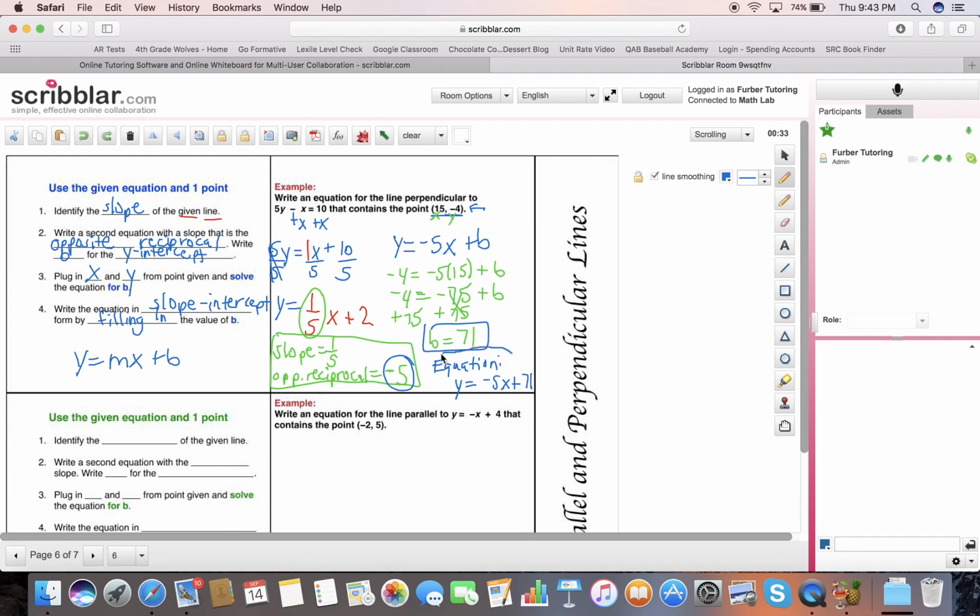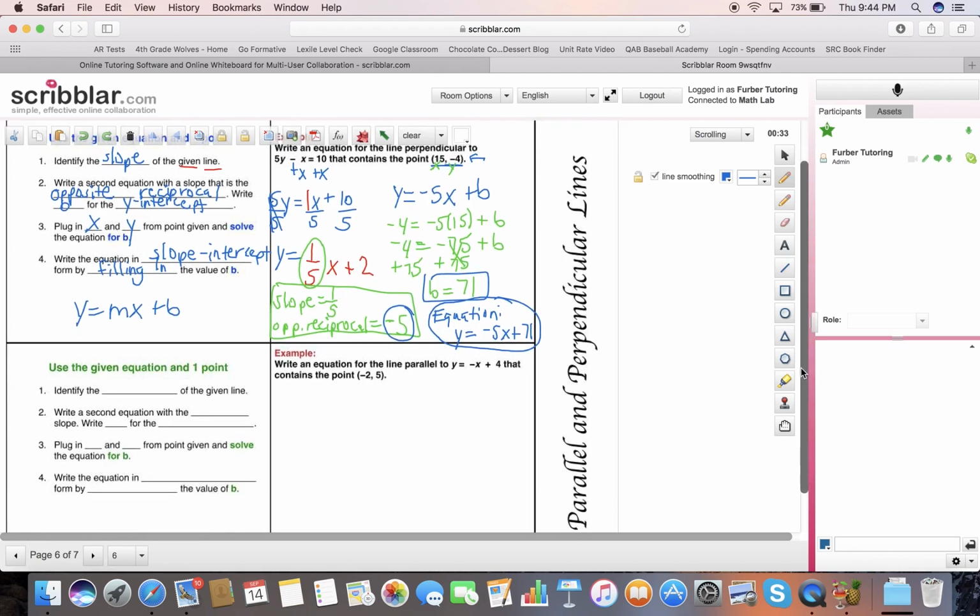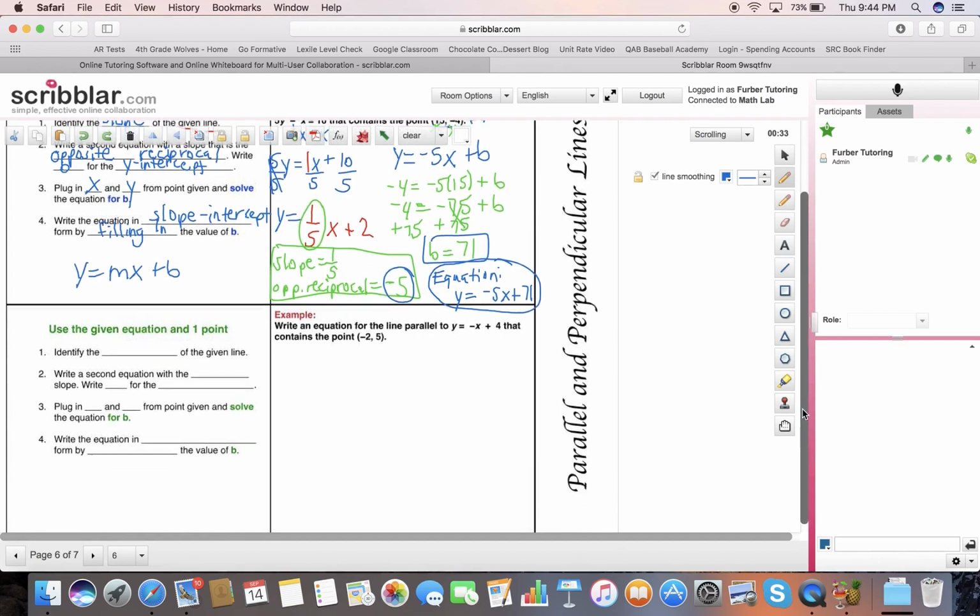I have negative 5 for the slope, because remember it's the opposite reciprocal of the slope given, and it's got a y-intercept of 71. So this is my actual answer. They just asked me to write the equation. I've just got lots of steps to get to that point.